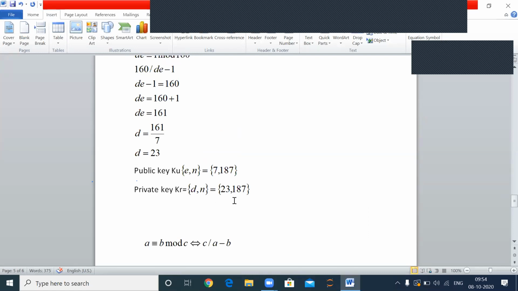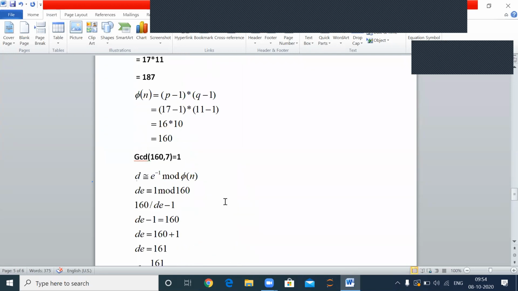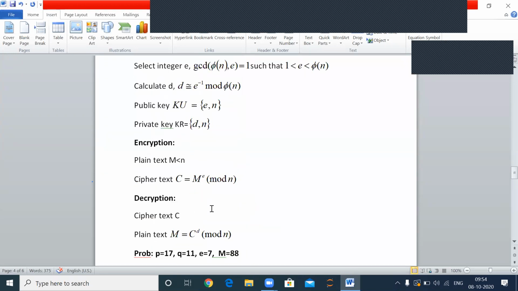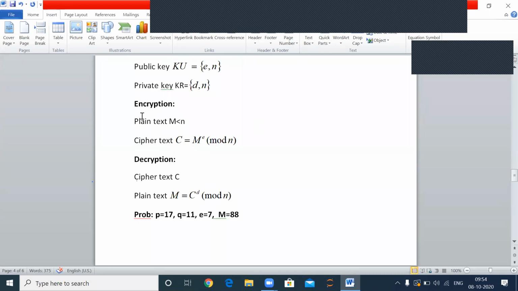Now we have to perform the encryption and decryption. You know how to perform the encryption process and the decryption process in the RSA algorithm, right? This is the formula we have to use. Just substitute it and simplify it.